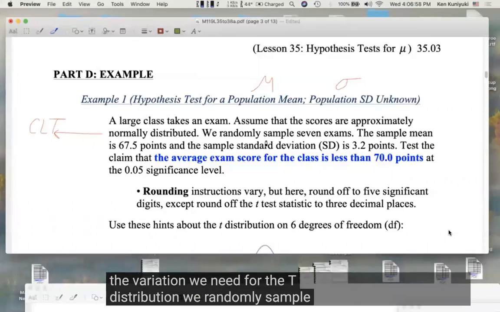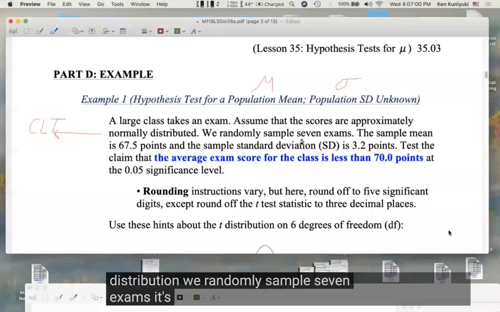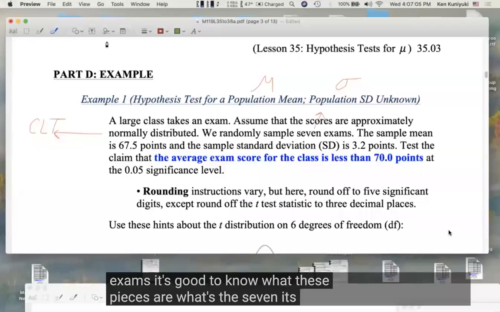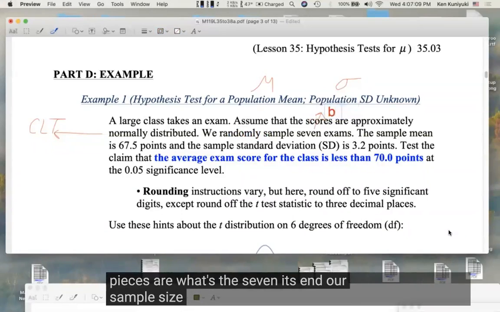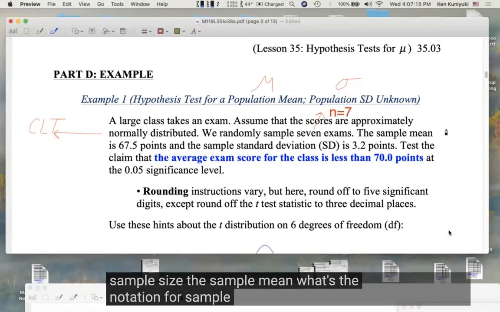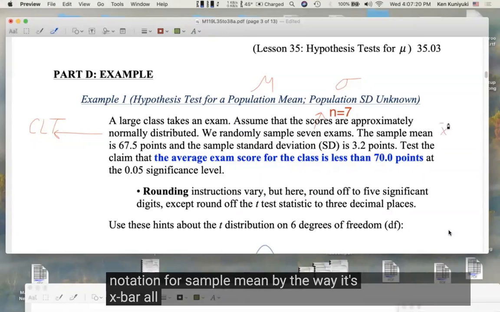We randomly sample 7 exams, and it's good to know what these pieces are. What's the 7? It's n, our sample size. The sample mean, what's the notation for sample mean, by the way? It's x bar, all right?